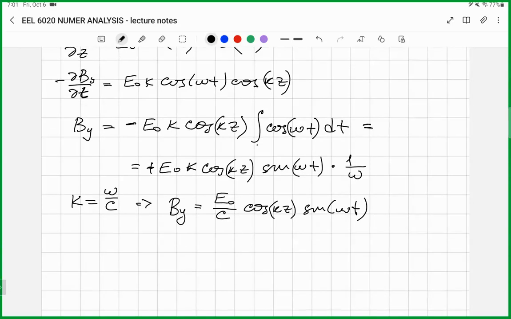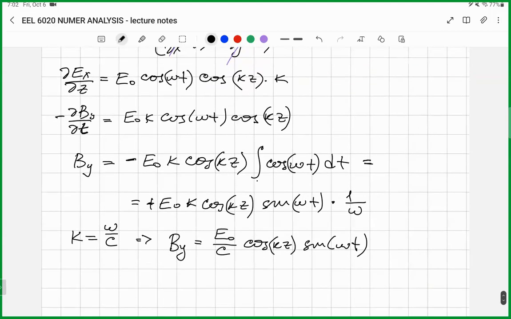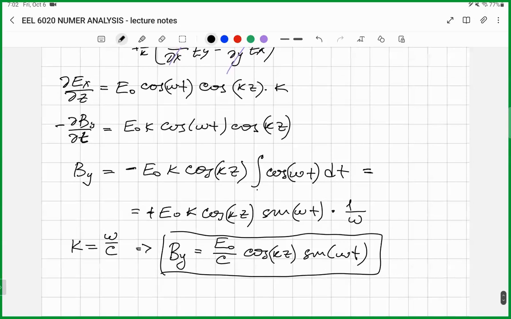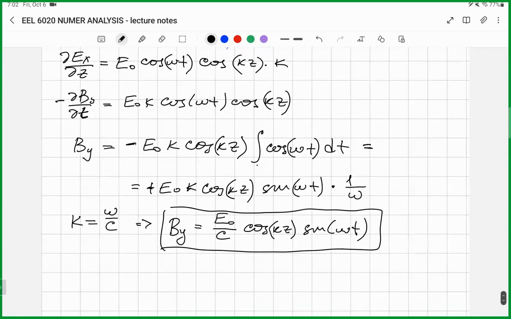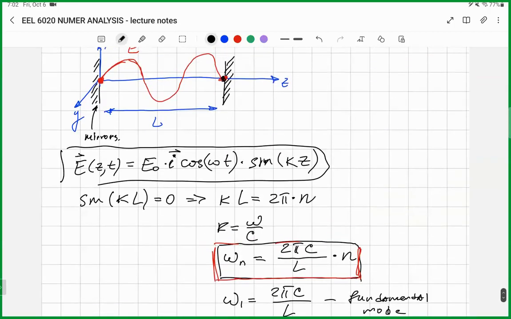An interesting result here is that the magnetic field depends on time as sine omega t, while the electric field depends on time as cosine omega t.